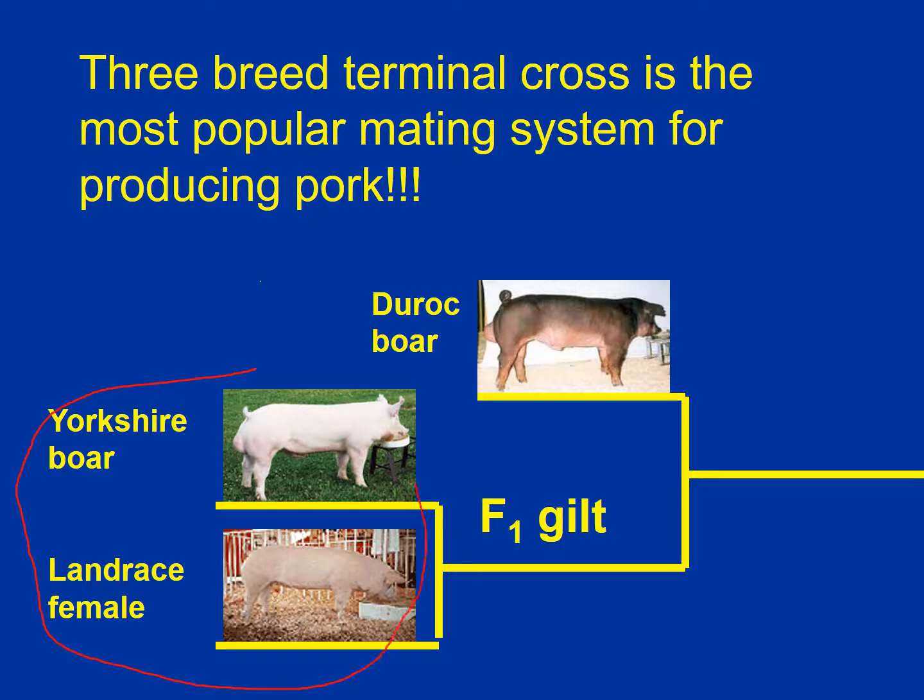Yorkshires and Landrace tend to make the best females. We make that additional cross, and we call that the F1 gilts. And then we'll find a good terminal breed. Durocs are known for fast rate of gain, very healthy pigs, and good feed efficiency, and one of the best breeds for meat quality.